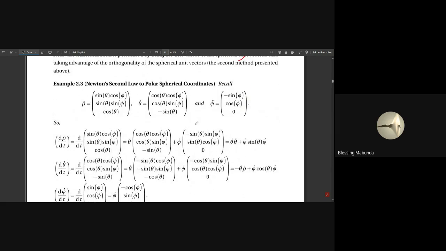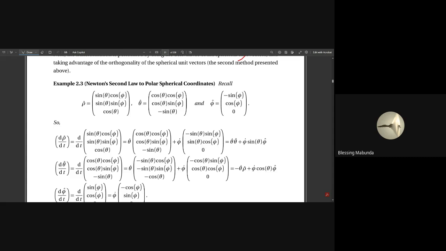And now we want to include phi. So meaning that instead of those 2 dimensions, now extending our study to 3 dimensions. So we define our rho hat here to be sine theta cosine phi, sine theta sine phi, cosine theta.